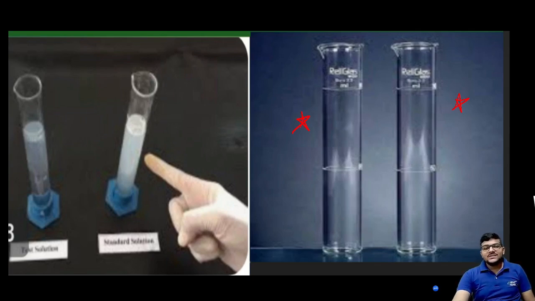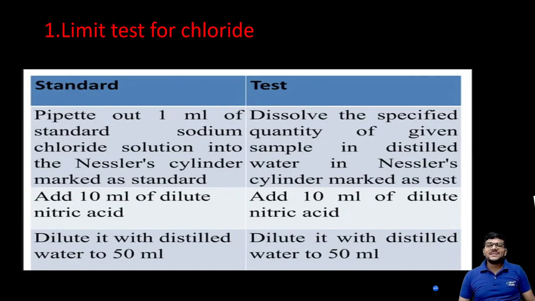I hope you remember that there is a test of chloride, the limit test of chloride. In the test, we usually prepare two solutions: one is the test solution and one is the standard solution. How to prepare the standard solution is given in the Indian Pharmacopoeia or the USP.